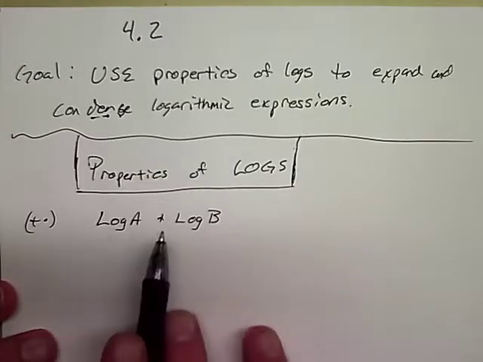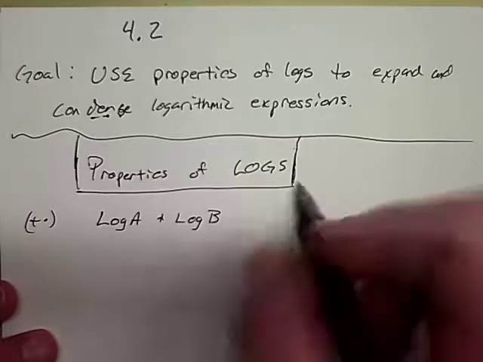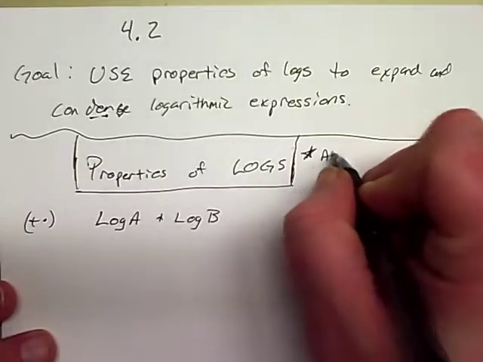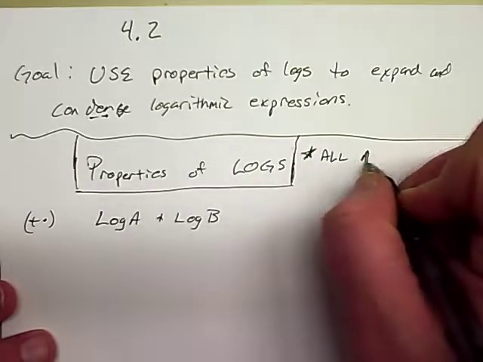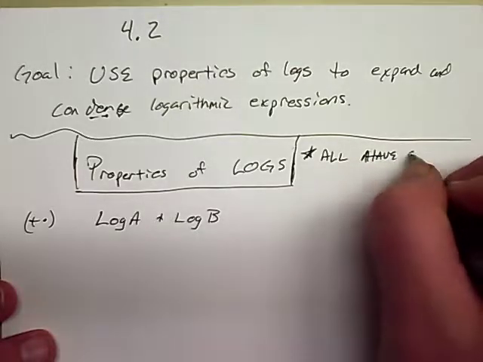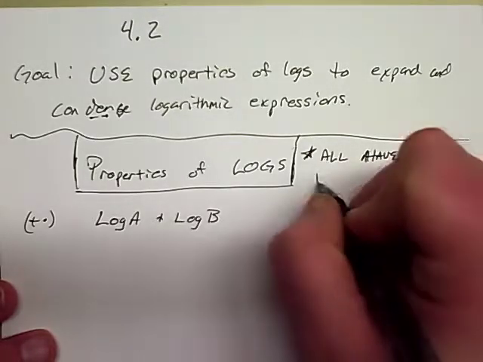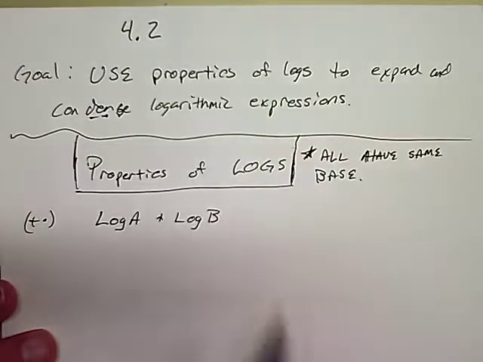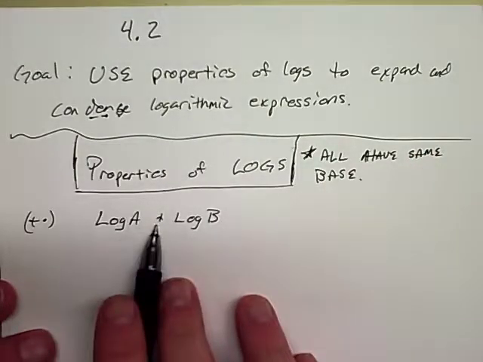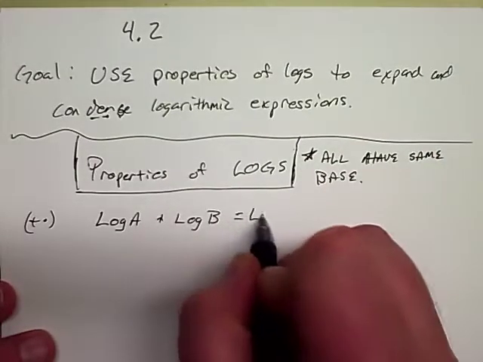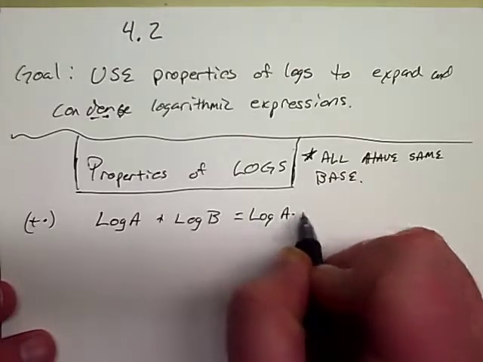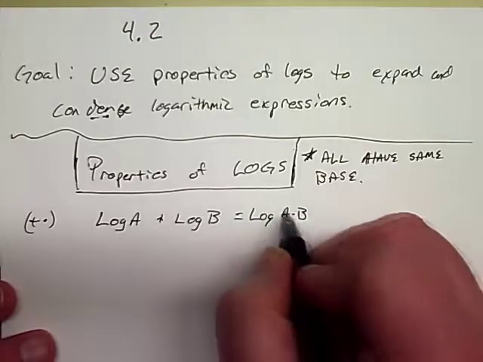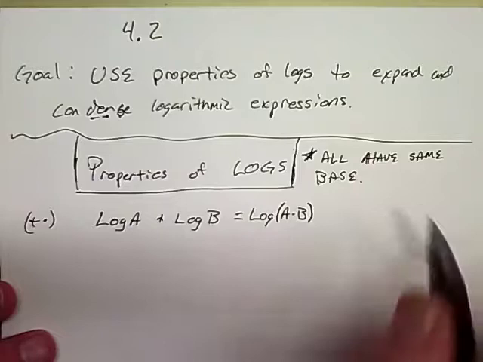It's muy importante that we note that these all have the same base. So the log of A plus the log of B is going to be the log of A times B. And this goes into the argument.